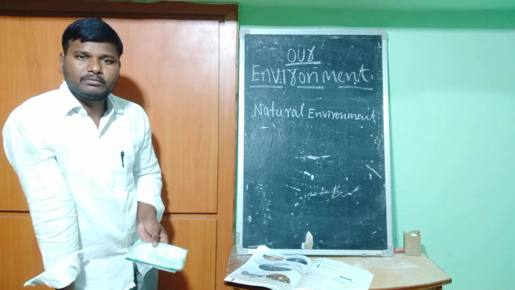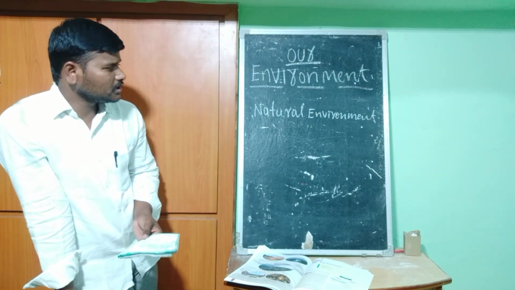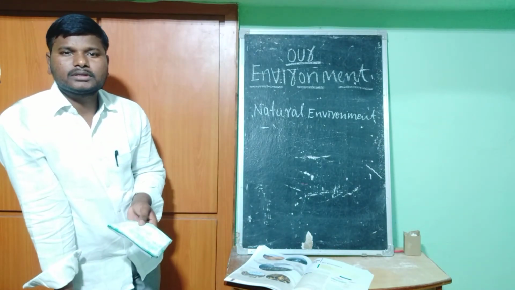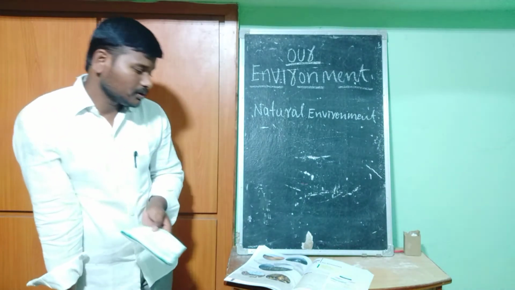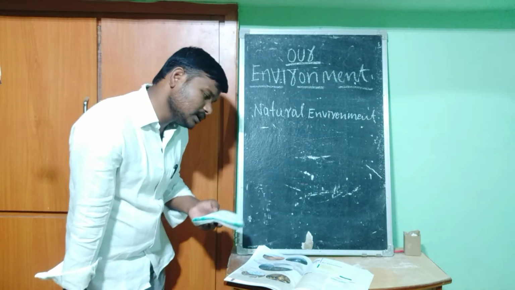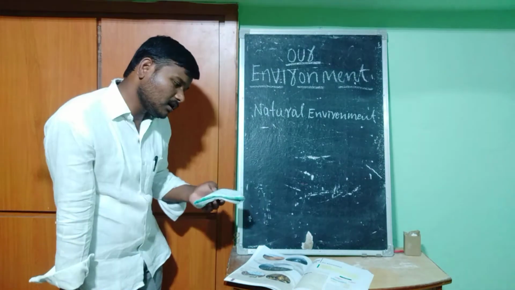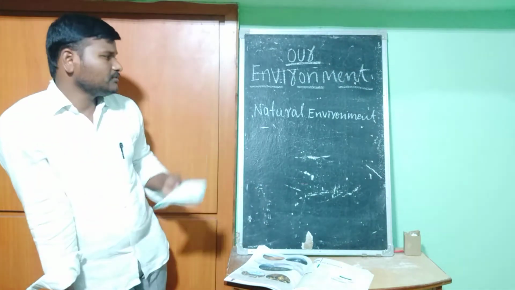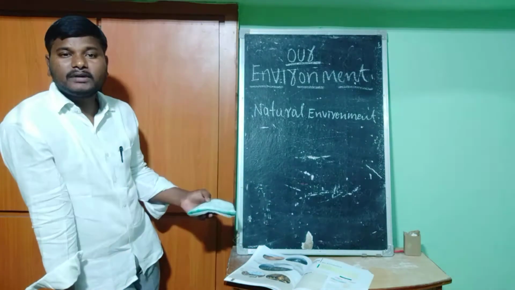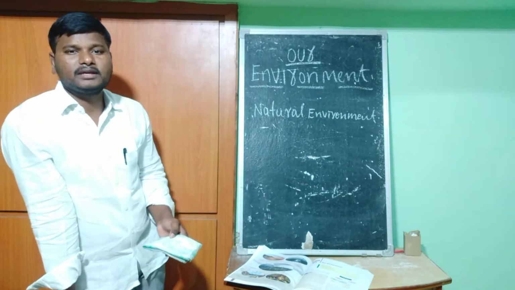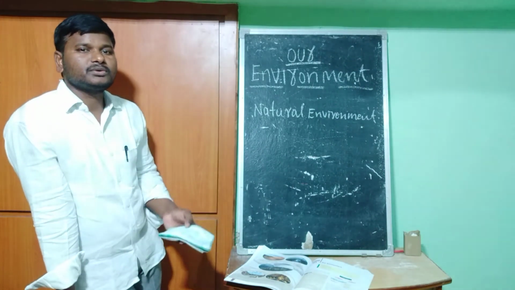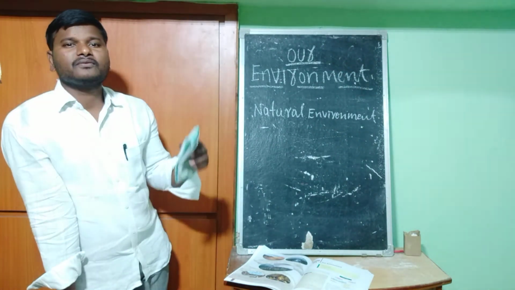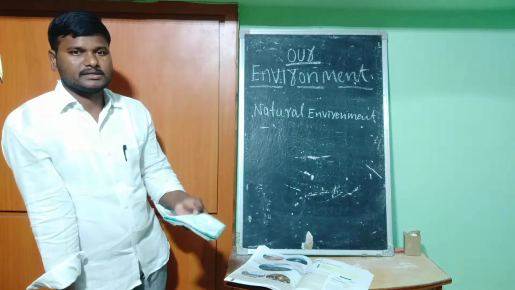Natural environment, human environment. By the word itself we know the natural environment comes naturally. The natural environment comprises all living and non-living things, and also human beings and their interaction and interrelation with other living beings or things.